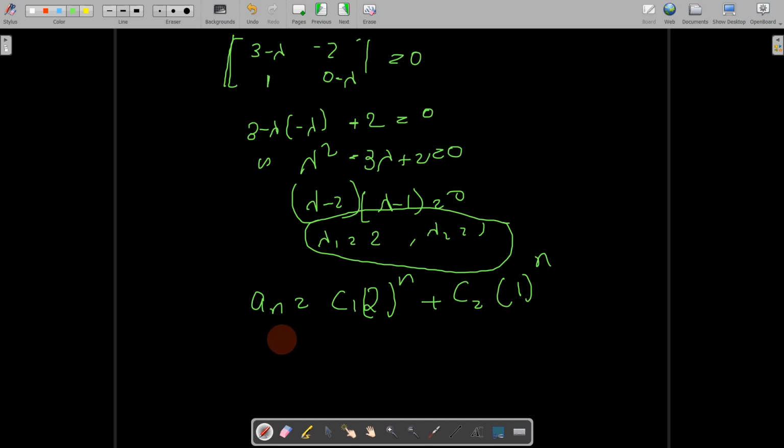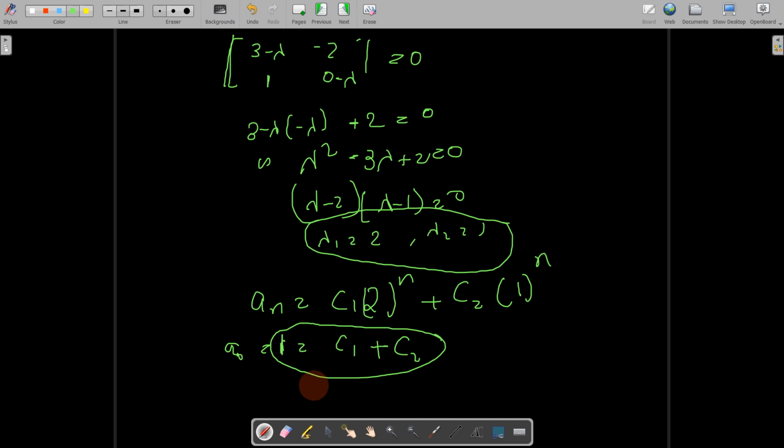We know that a0 is 1, so we plug in n equals 0: c1 times 2 to the power 0, which is 1, plus c2 equals 1. That is the first equation.